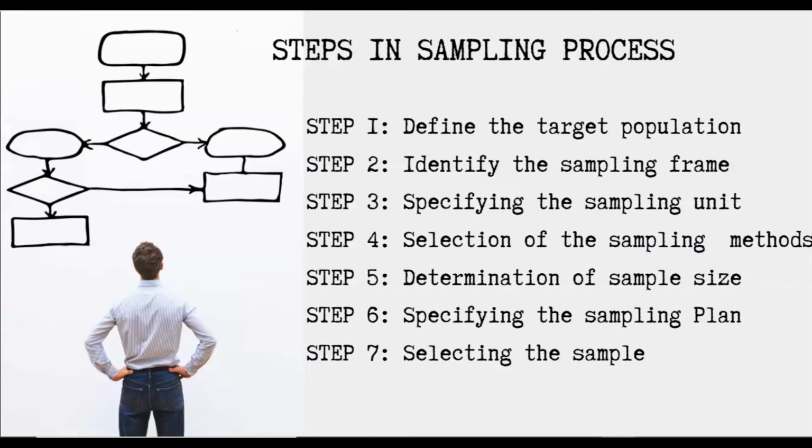Step number 5, determination of sample size. The sample size plays a crucial role in the sampling process. There are various ways of classifying the techniques used in determining the sample size.